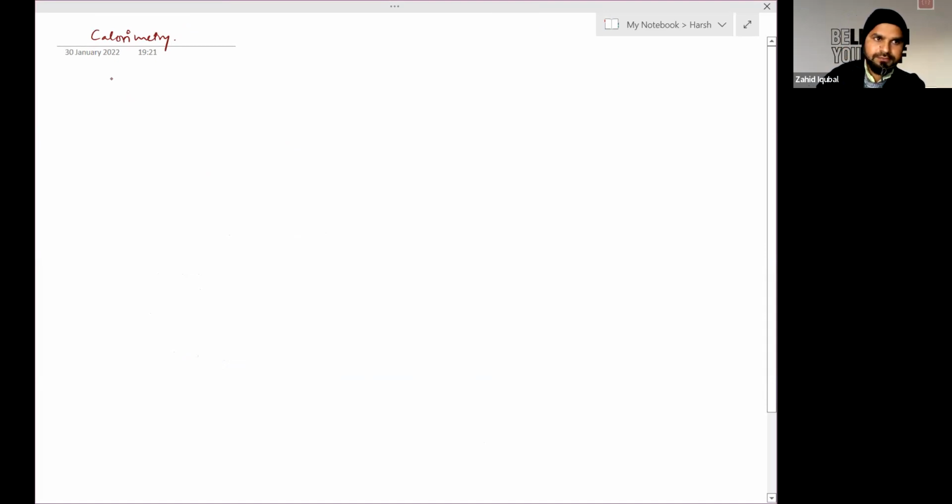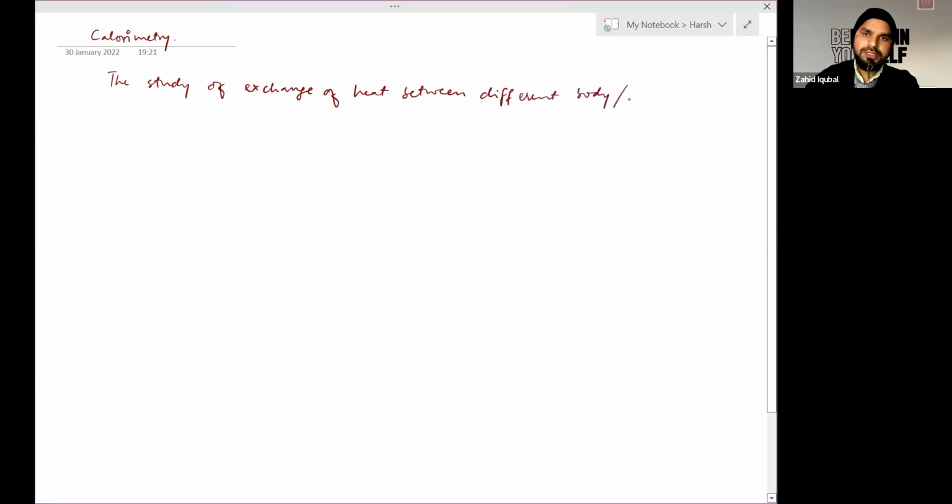So it is the study of exchange of heat between different bodies or systems, which may result in change in temperature or state.